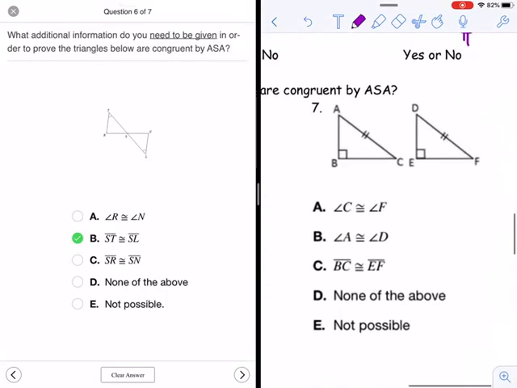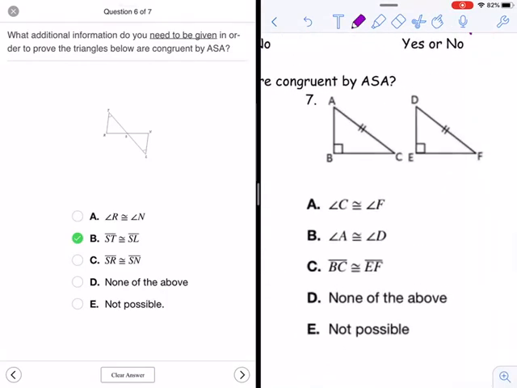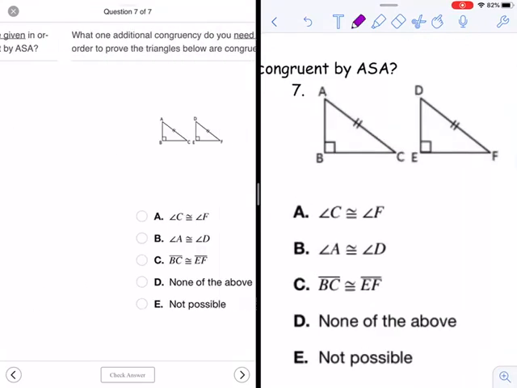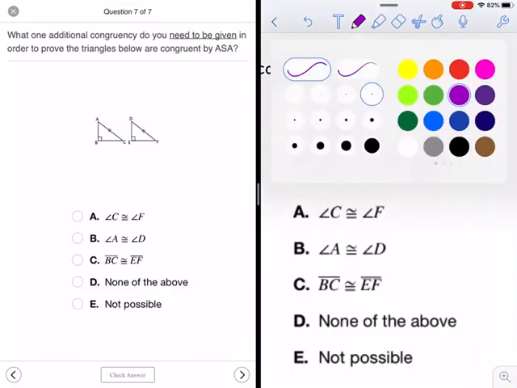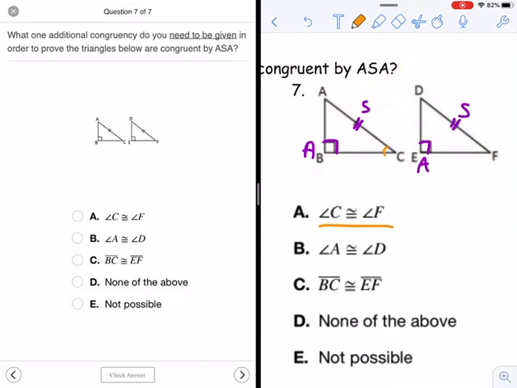And then last one, angle, side, angle. Now notice, this is kind of crazy. We have a right angle. We have a side. Let's just go through this. If C is congruent to F, I have an angle, and then a non-included side. So that doesn't work.